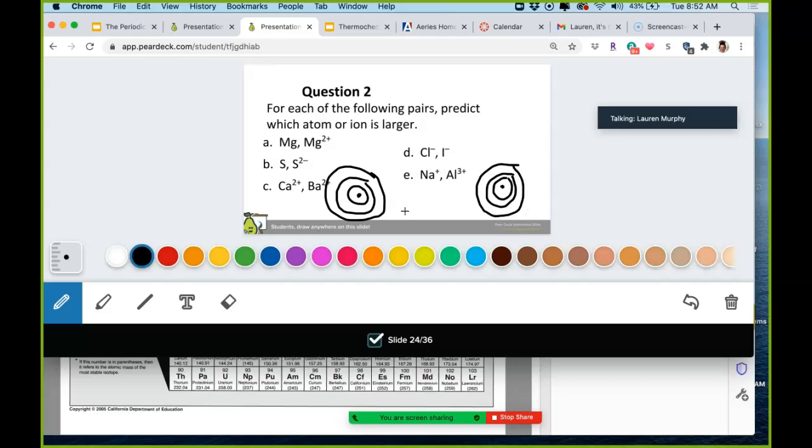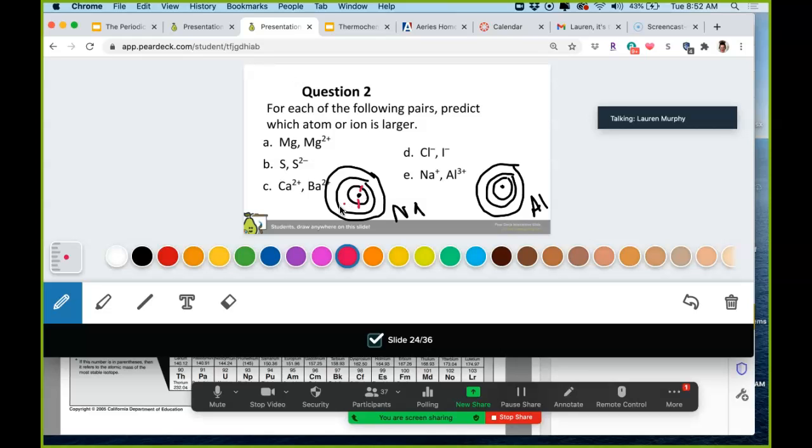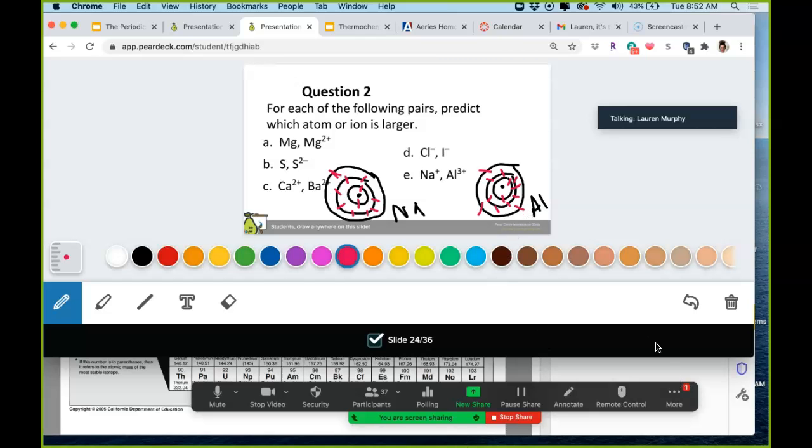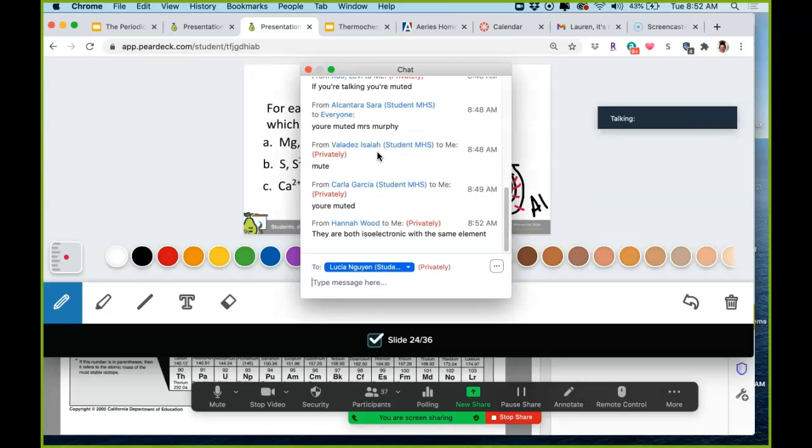So I'm going to draw just sodium first, and just aluminum. Sodium has 1, 2, 3, 4, 5, 6, 7, 8, 9, 10, 11 electrons. Okay. Aluminum has 13, right? 1, 2, 3, 4, 5, 6, 7, 8, 9, 10, 11, 12, 13 electrons.